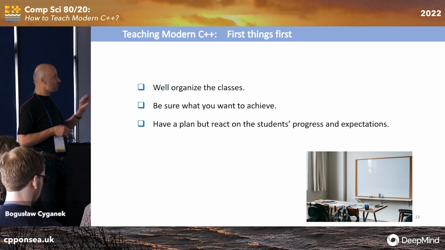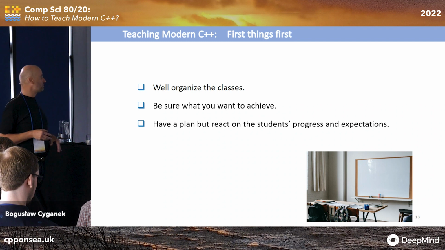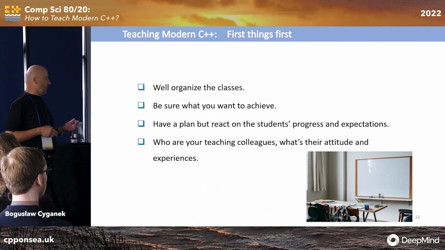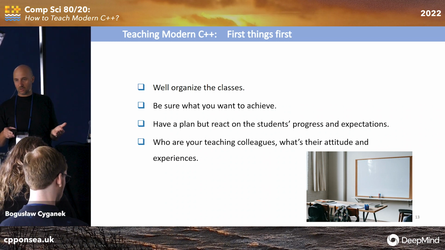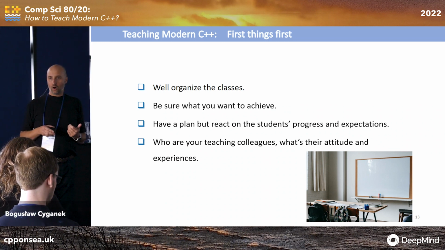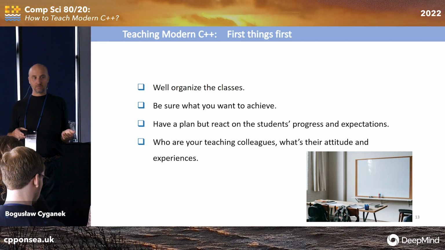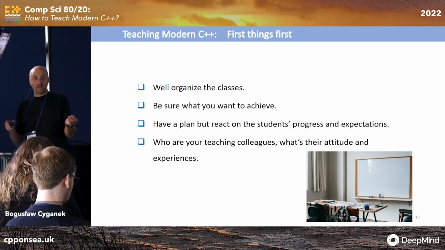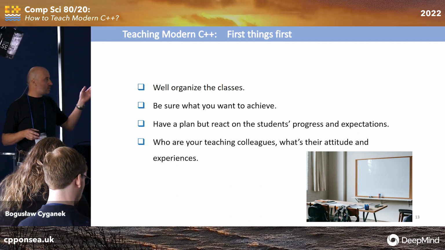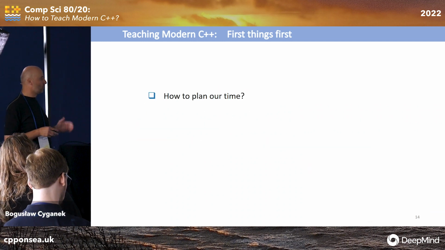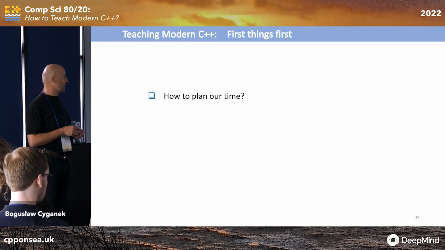Be agile. React on how your group is progressing. And also, your teaching colleagues, your group of teachers. I'm not teaching alone. I have a couple of collaborators, and they can have different levels of understanding C++, different aims. So you have to control this as well.